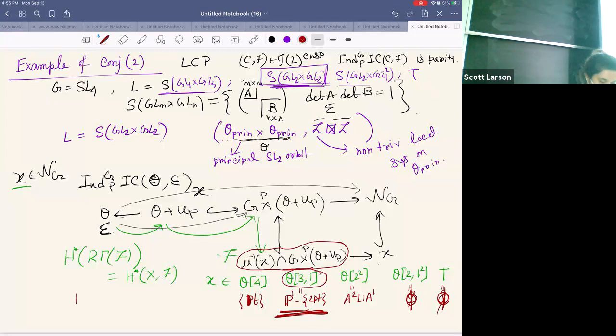For this one, the calculation is a little bit different and complicated, but the good news is that I still end up with something that has 0 in all the dimensions.